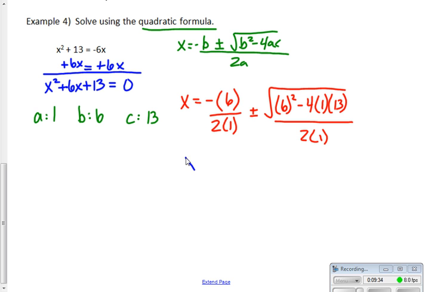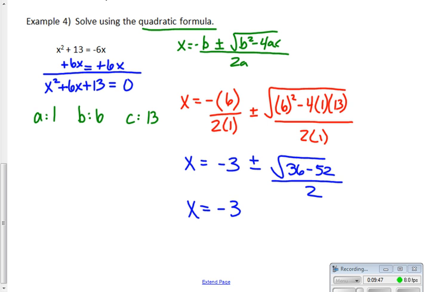Next, I'll go ahead and simplify. We get x equals negative 3 plus or minus the square root. Here we have 36 take away 52, all over 2. So x equals negative 3 plus or minus. Inside my square root, we get negative 16, 36 take away 52, still all over 2.